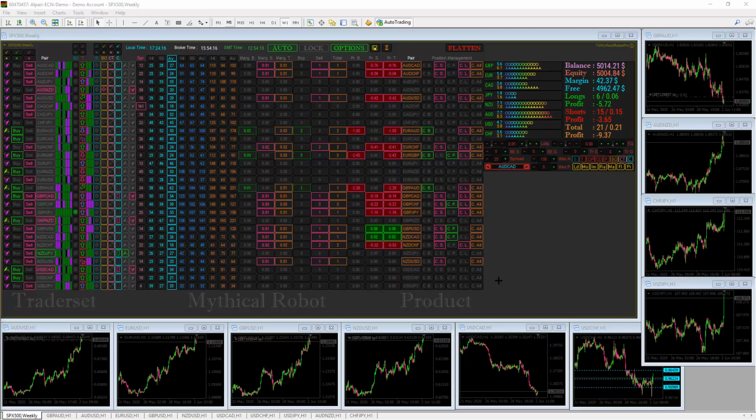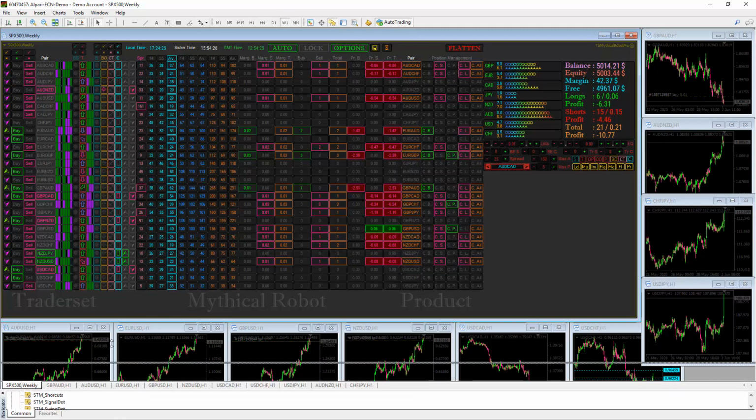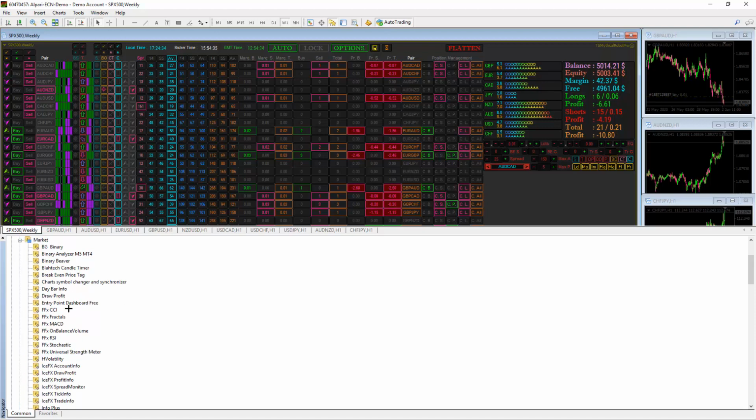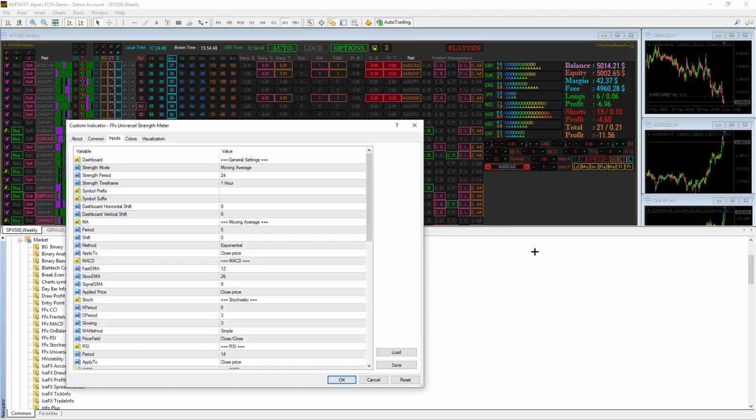They choose one or two factors and they predict the market based on those factors. Let me see if I can find a product here somewhere from the market. What was it named? Universe Strength Meter.